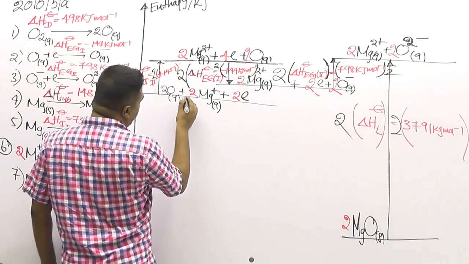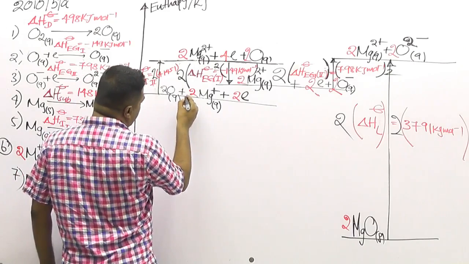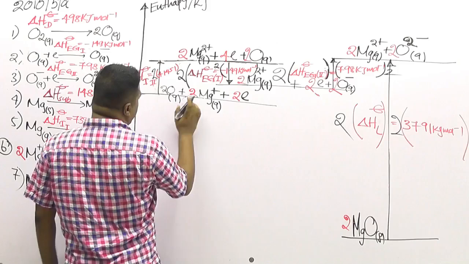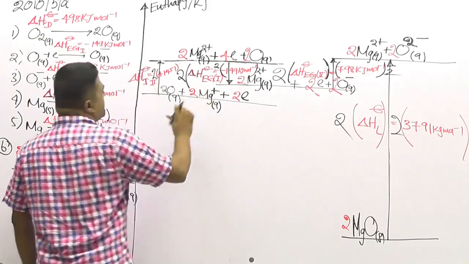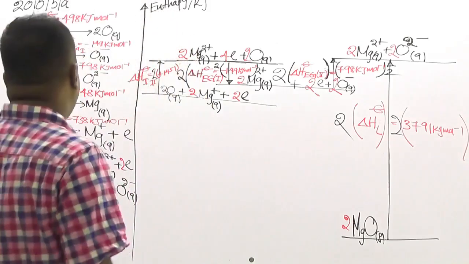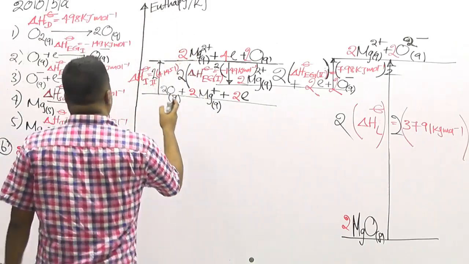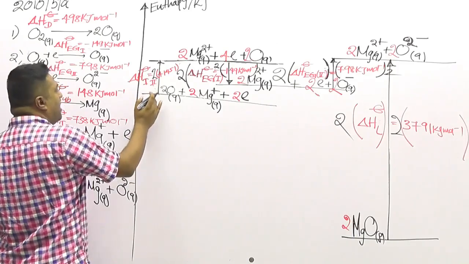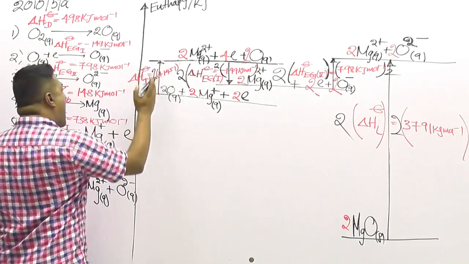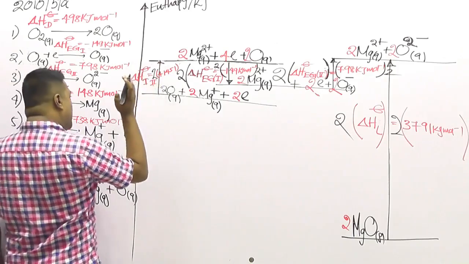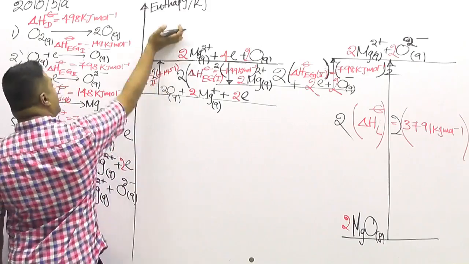Fifth balanced chemical equation. I didn't explain the position of this. Why is the enthalpy level here? You can understand it is endothermic, so the arrow should show an increase in energy.